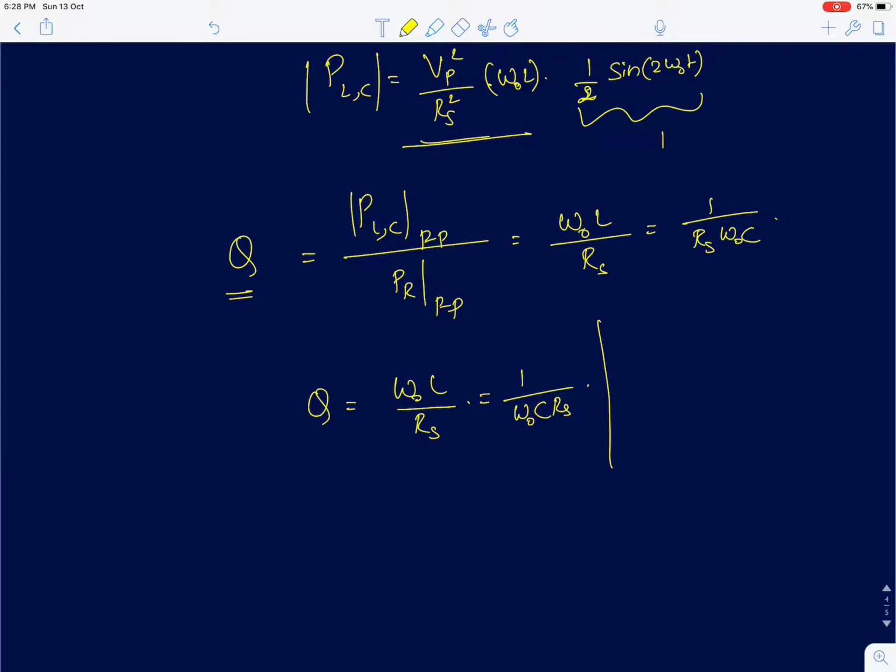Just to quickly refresh your memory, for a parallel RLC circuit, Q is Rp by omega naught L, or Rp into omega naught C. This is for the series RLC circuit.